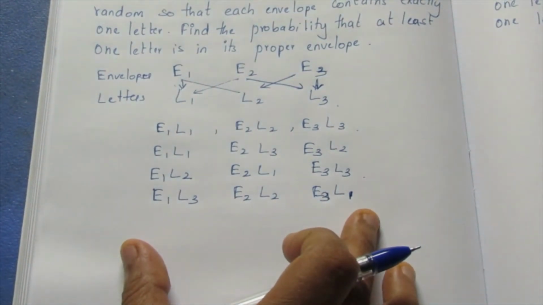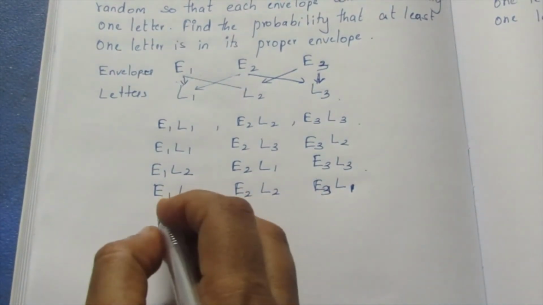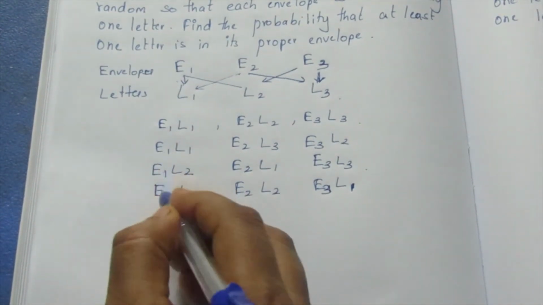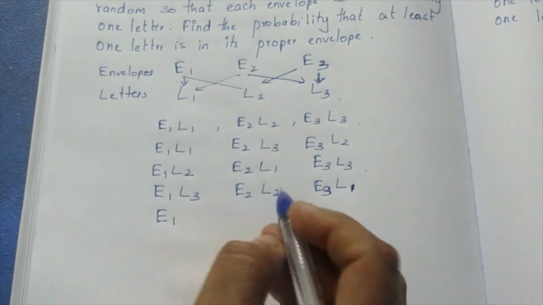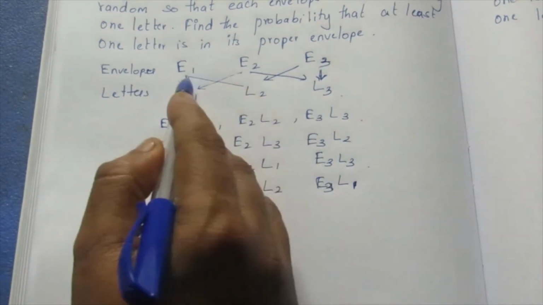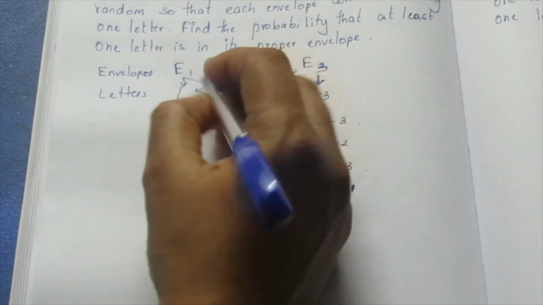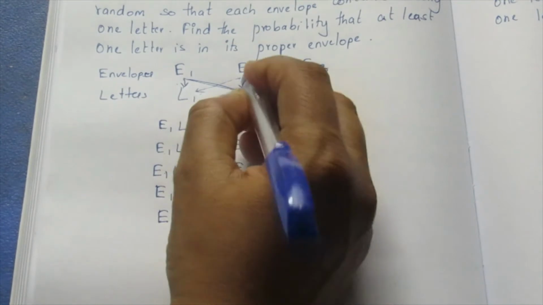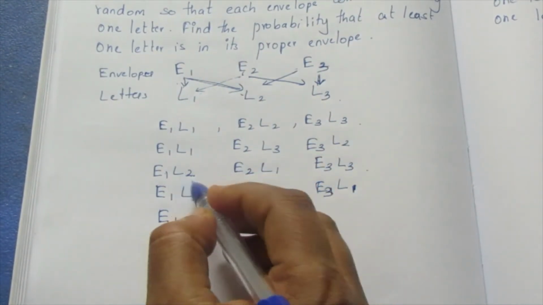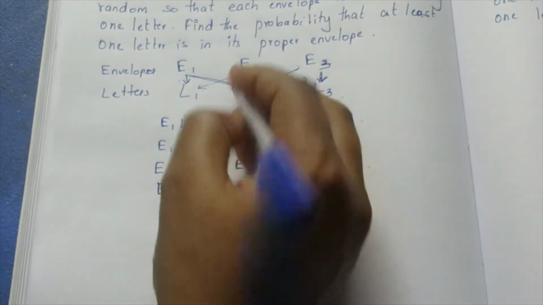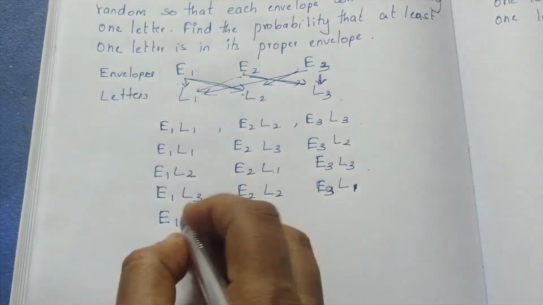So this can be one combination. Now in E1 we can also have L2. Here the other two combinations can be changed: E1 L2, and E2 can be changed to L1 or L3.